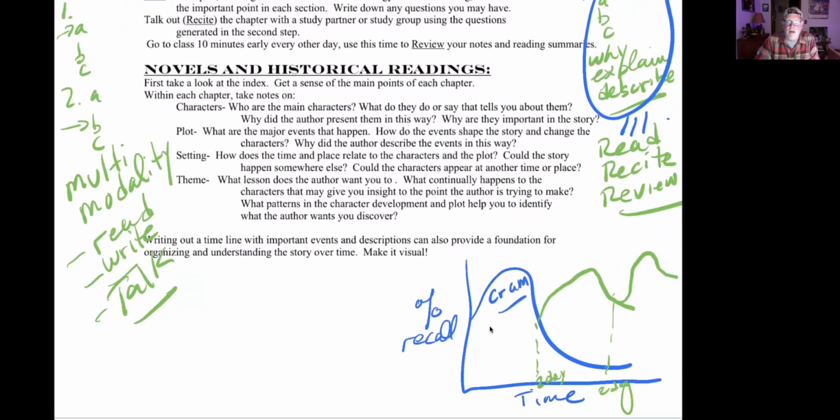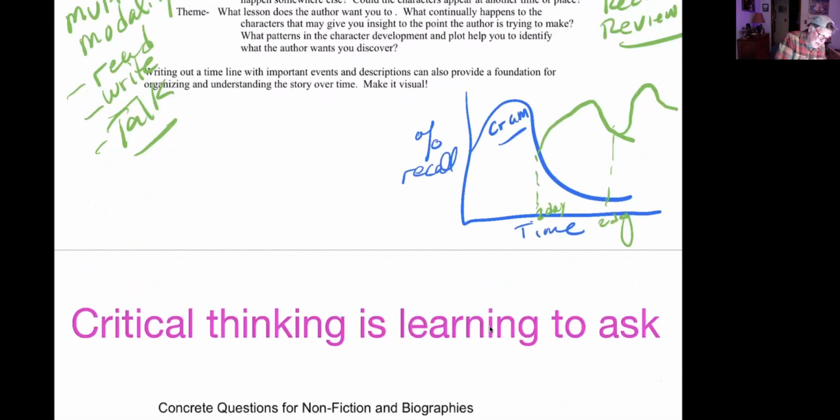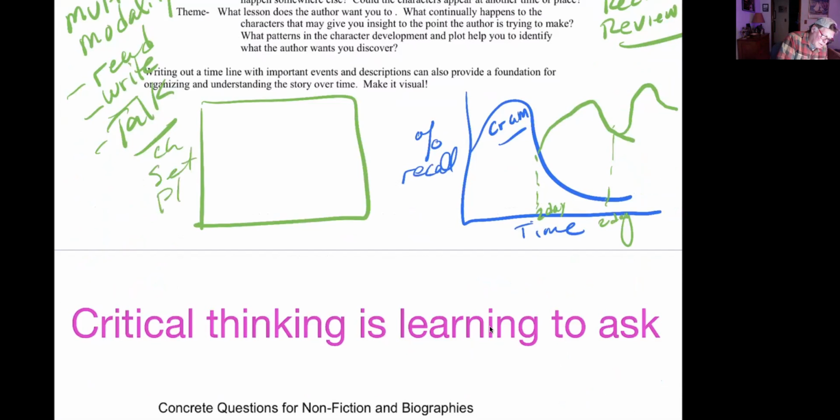Now, reading novels and historical readings, it can get a lot because there's so much detail, right? So what I would really suggest is that you maybe even create something like a form that's basically something like character, plot, setting, theme, right?